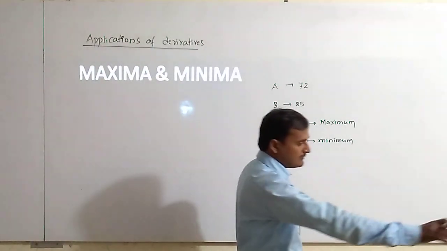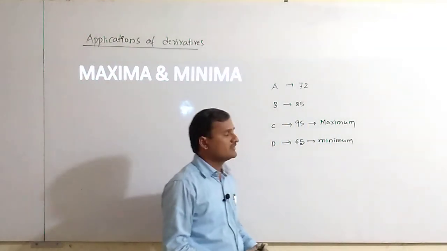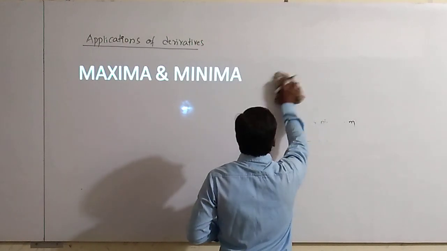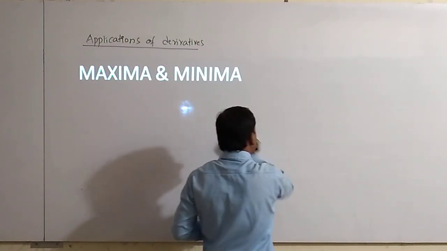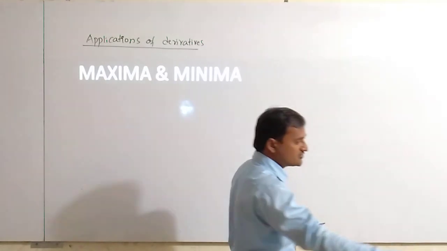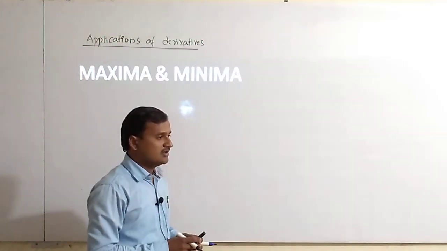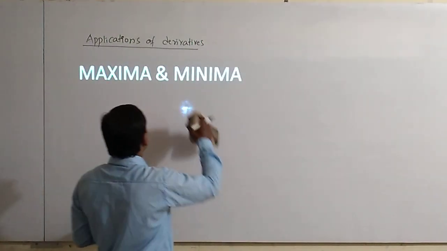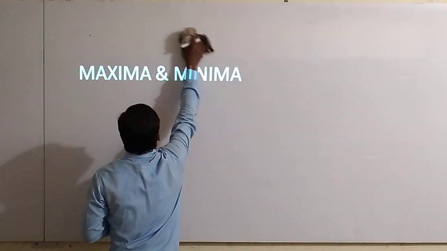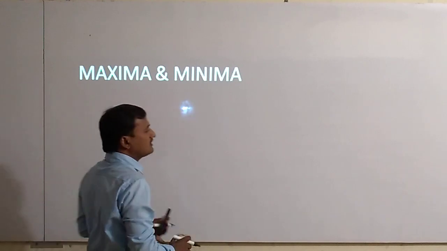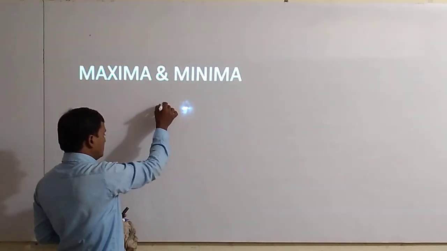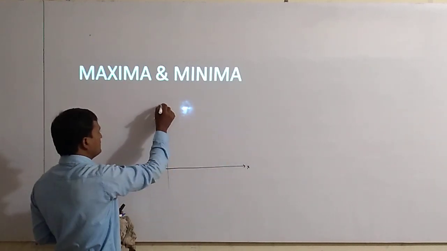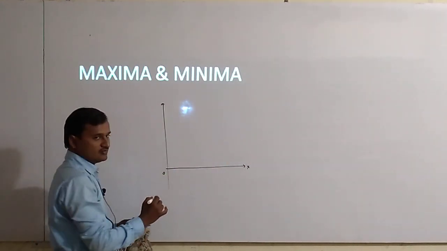Now we have to apply the same concepts for functions also, right? So now we have to take the function, and when the function is said to be maximum value and when the function is said to be minimum value, right? So before that, now let us take some graphs. Here I will take the graph: here it is x, here it is y, and here it is origin.